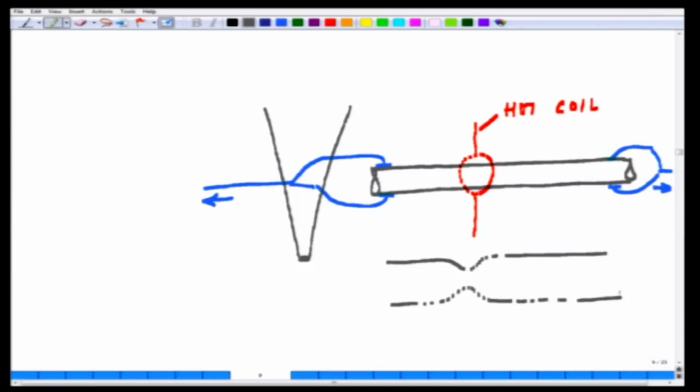And then if you give a very strong pull on either side, just for your understanding sake, so you have this coil. Now, if you give a very strong pull, what you will essentially land up with is this.